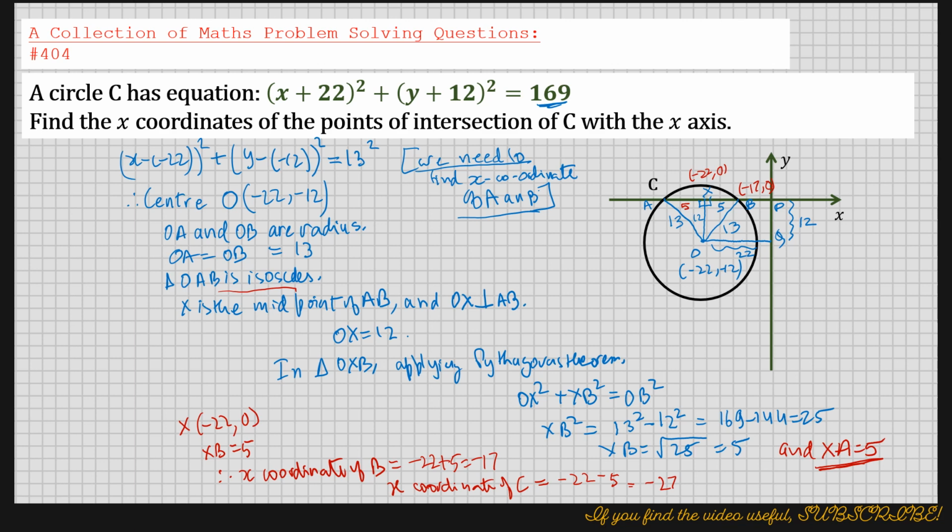So A is minus 27, 0, while B is minus 17, 0. So the x coordinates of the points of intersection are minus 17 and minus 27.